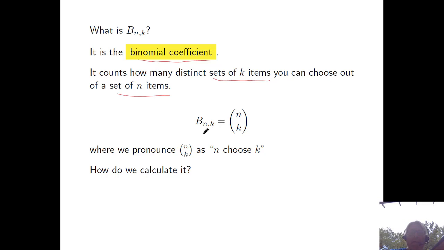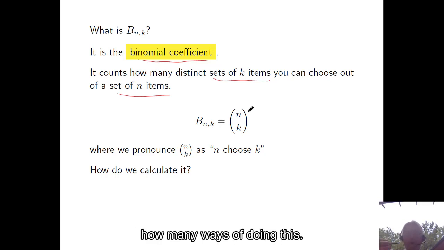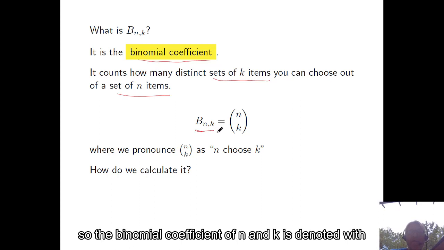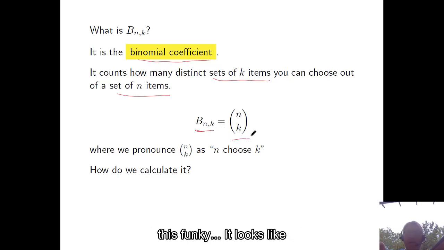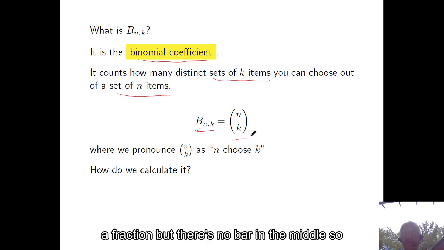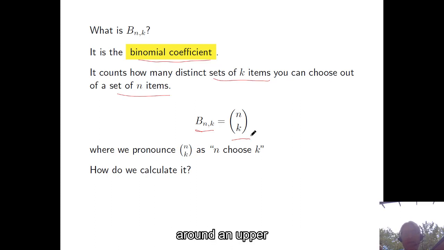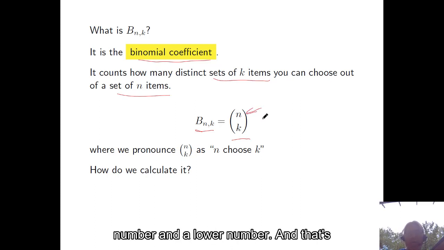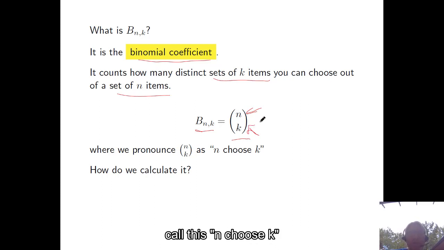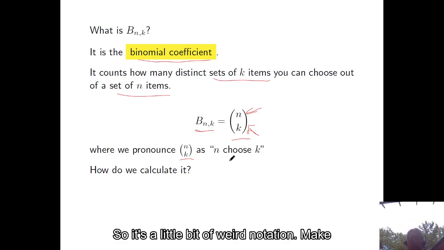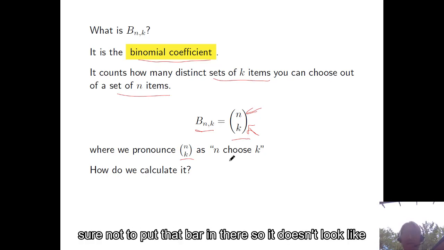So it's this counting operation for how many ways of having this number of successes there are. So the binomial coefficient for n and k is denoted with this funky notation. It looks like a fraction, but there's no bar in the middle, so it's just parentheses around an upper number and a lower number, and that's pronounced choose. We call this n choose k. Okay, so it's a little bit of weird notation. Make sure not to put that bar in there so it doesn't look like division.